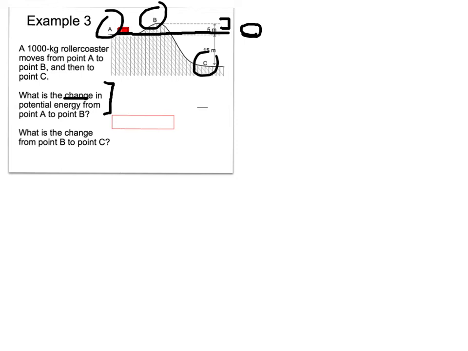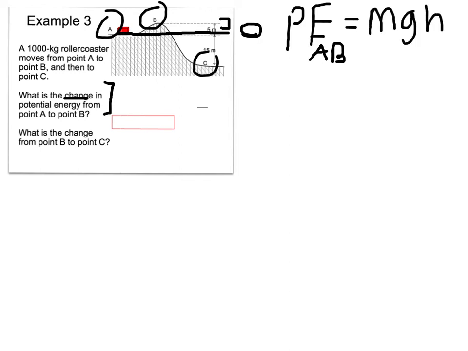So from the 0 to point B, the problem even has it labeled for me. That's 5 meters. So potential energy, and I'm going to try to fit both these on the same slide, so I'm going to label them. Potential energy from A to B is mass times gravity times height.